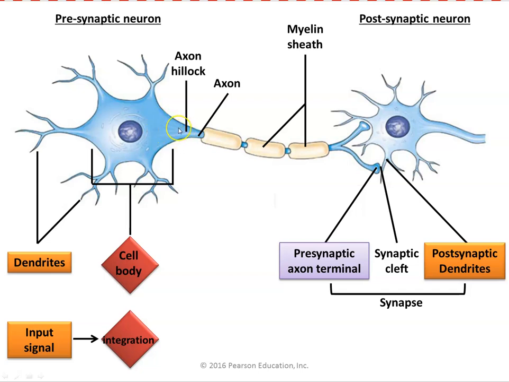If I integrate and I decide to send the signal, then I will have an output signal, and that is going to travel down the axon to cause this presynaptic neuron to release neurotransmitters out of the axon terminal. That's what we're doing today in great detail, okay? So this is the anatomy. If you don't have the anatomy, move forward. We're going to be doing the anatomy over and over again.